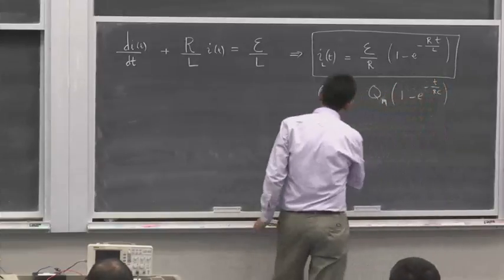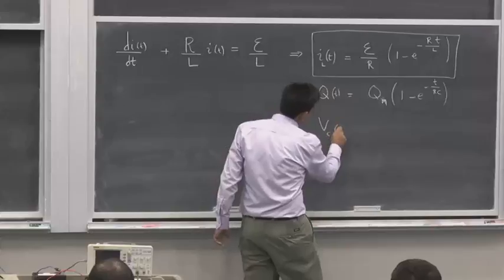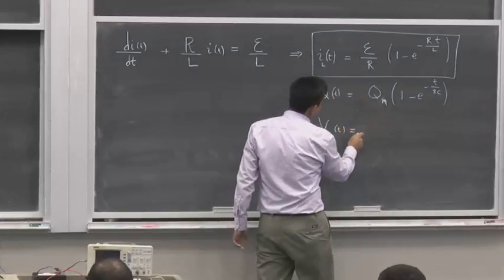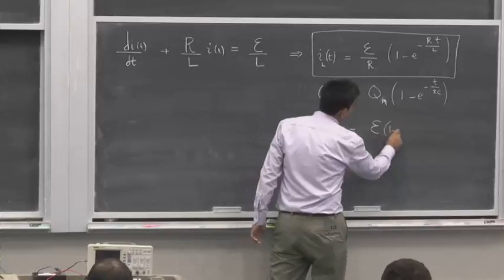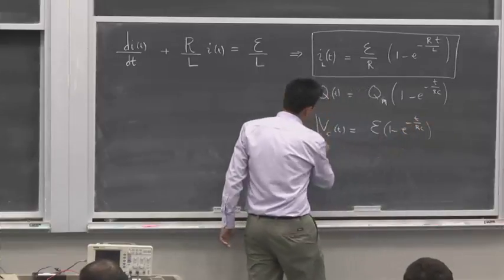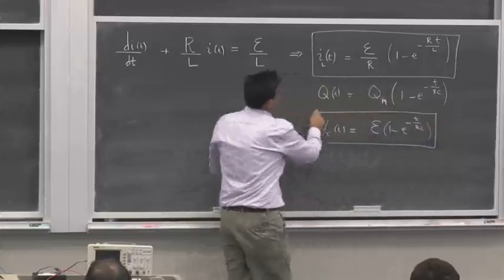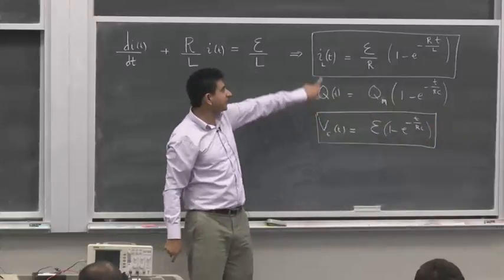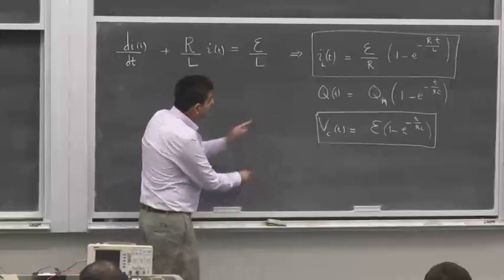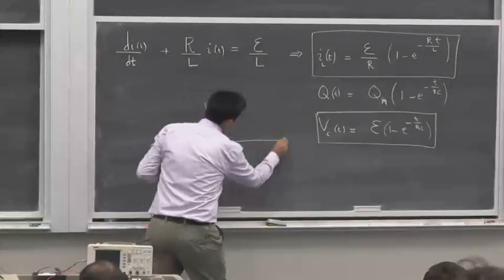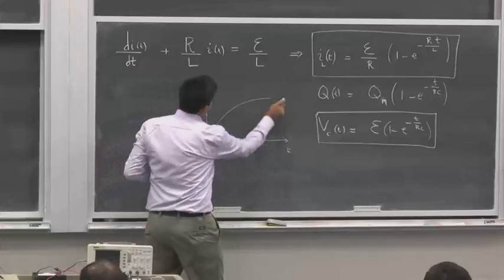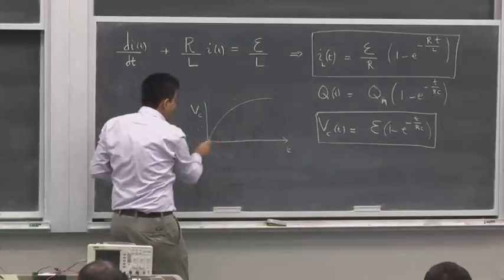And if I look at the voltage across a capacitor, that's simply going to be the maximum voltage across the capacitor, which is the EMF of the battery, times 1 minus e to the minus t over RC. So compare this response of a capacitor to this response of an inductor. This is for a capacitor. For a capacitor, what we observe is the following. Time, the voltage across a capacitor, it changes like this.